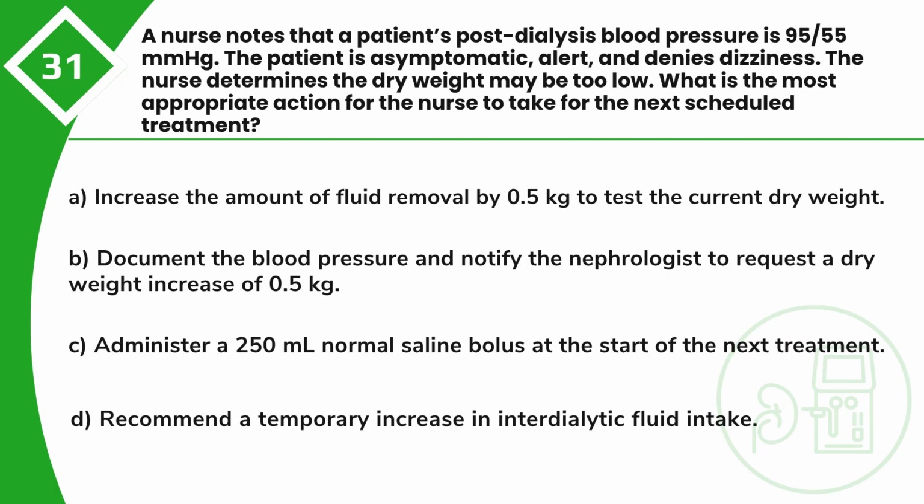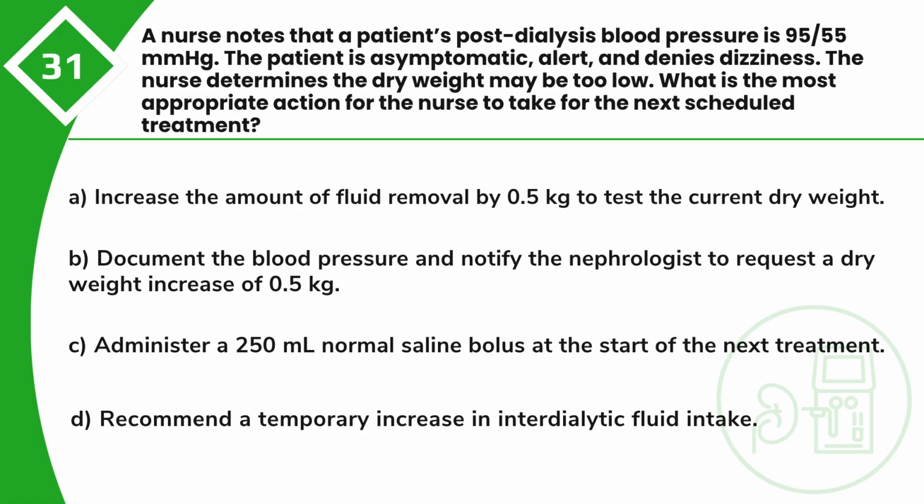Question 31. A nurse notes that a patient's post-dialysis blood pressure is 95/55 mmHg. The patient is asymptomatic, alert, and denies dizziness. The nurse determines the dry weight may be too low. What is the most appropriate action for the nurse to take for the next scheduled treatment? A. Increase the amount of fluid removal by 0.5 kg to test the current dry weight.